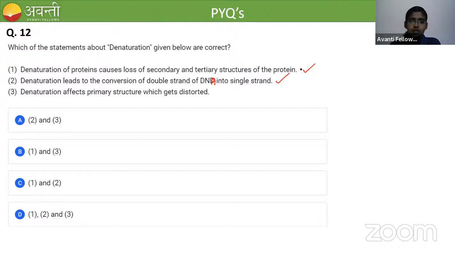It will not affect the primary structure. Primary structure does not get affected. So the third statement is incorrect. So statements 1 and 2 are correct. So option C is the correct answer for this question.